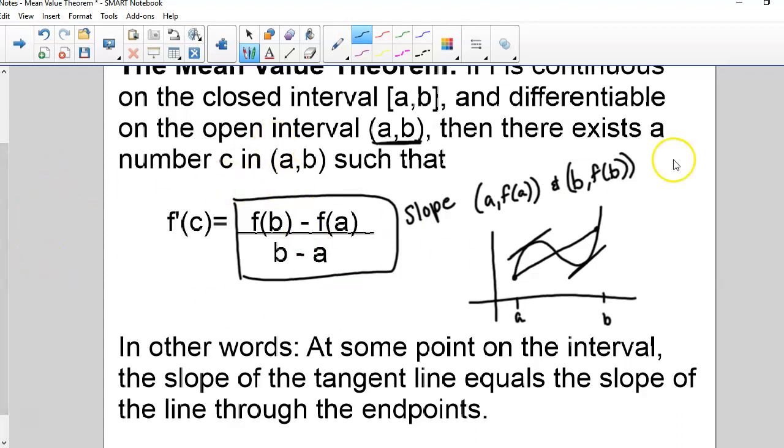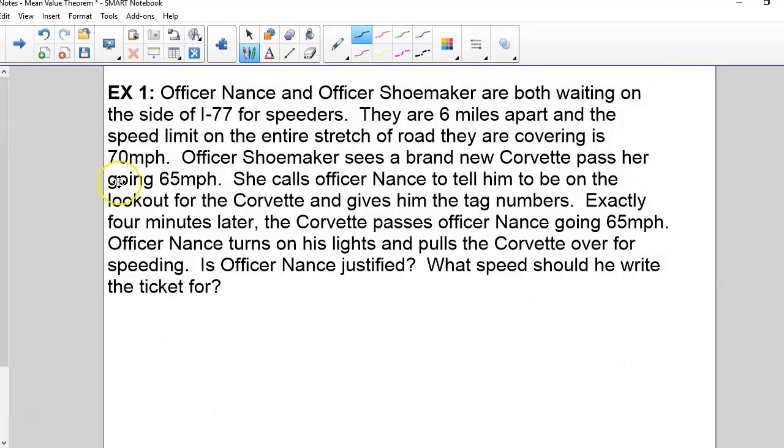Okay. So this problem usually sparks outrage among the class. Officer Nance and Officer Shoemaker are both waiting on the side of I-77 for speeders. They are exactly 6 miles apart, and the speed limit on the entire stretch of road they are covering is 70 miles an hour.